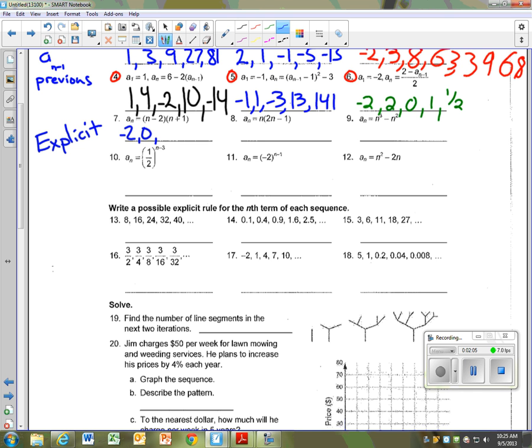Now I plug in 3, and I get 4. Now I plug in 4, 10. And I plug in 5, 18. There you are.